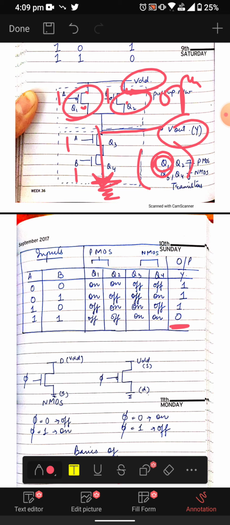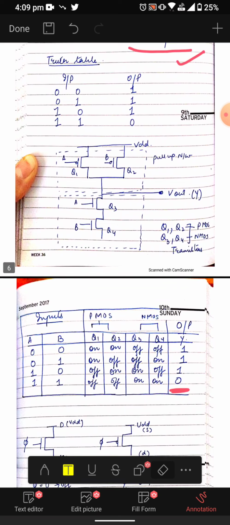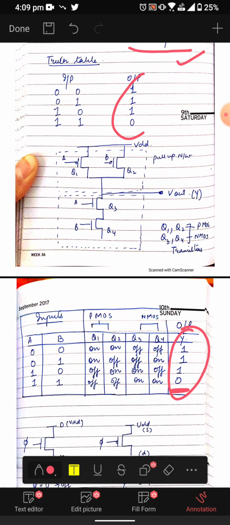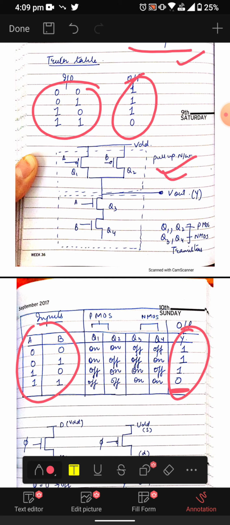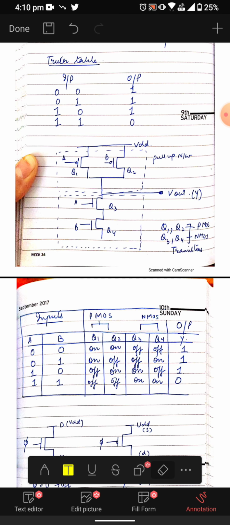So this is how this circuit implements a NAND gate. If you see this output, it is the same as the NAND truth table for the input combinations. So we were able to implement a NAND logic using this configuration, wherein we used the PMOS as the pull-up network and the NMOS as the pull-down network. So this is how we implement a NAND logic gate using CMOS technology.